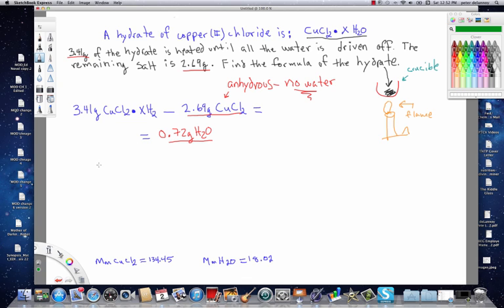So now what we want to do is figure out our formula. We're going to drop down the mass of the copper 2 chloride, and the mass of the H2O. And we need to find the moles of both. Like the other kinds of calculations that are done in chemistry, we can't ever compare masses directly.